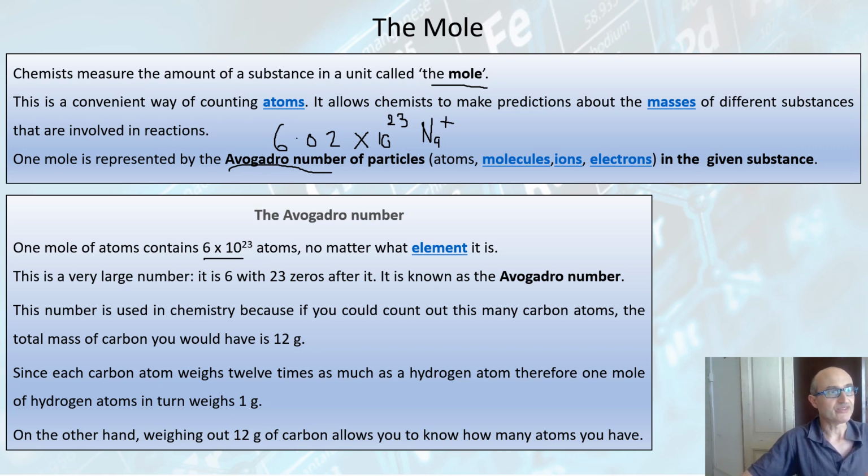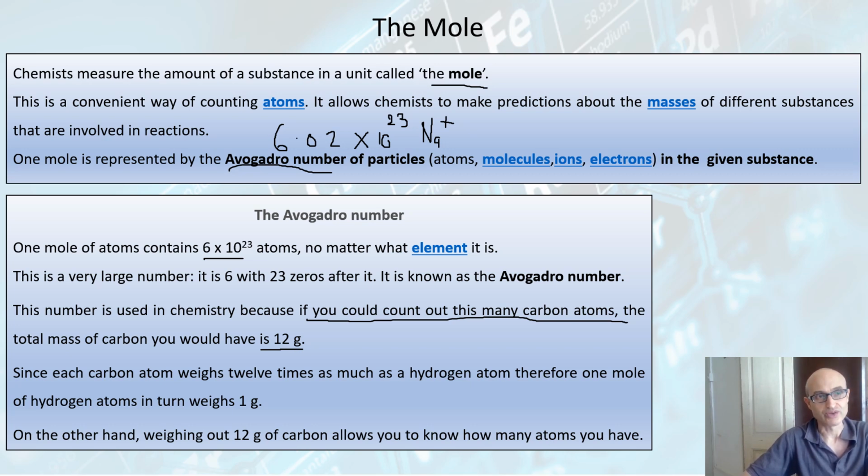Now, the number is really used in chemistry because it's so useful. If I had to count exactly 6.02 times 10 to the 23 carbon atoms, they would add up to a mass of exactly 12 grams.